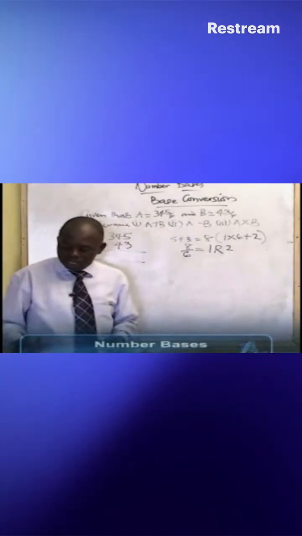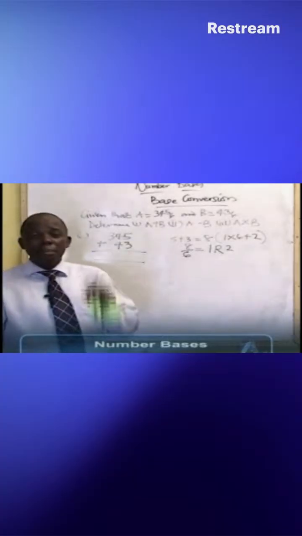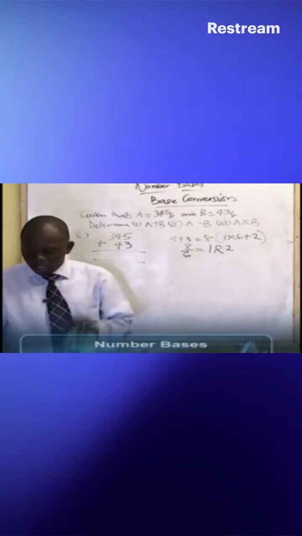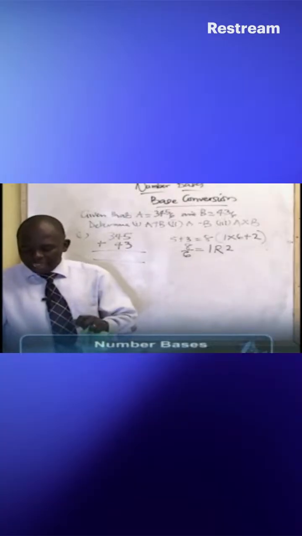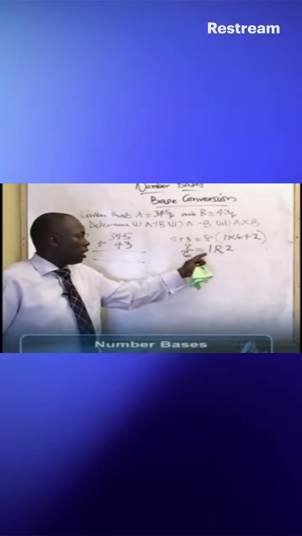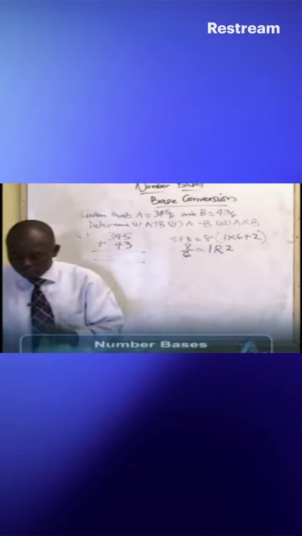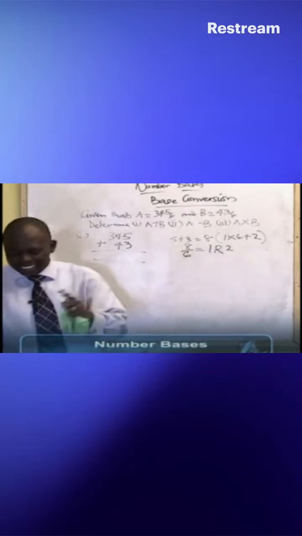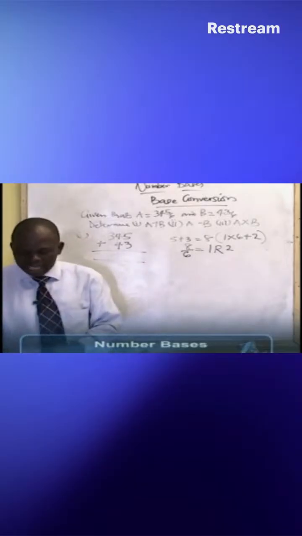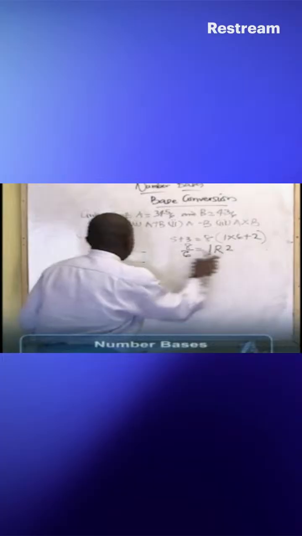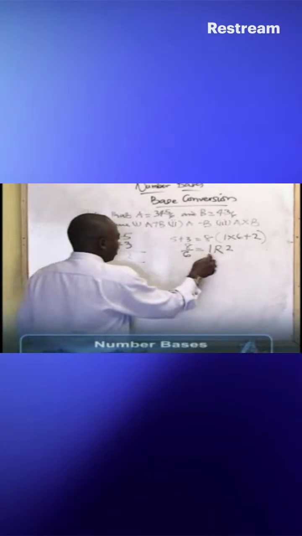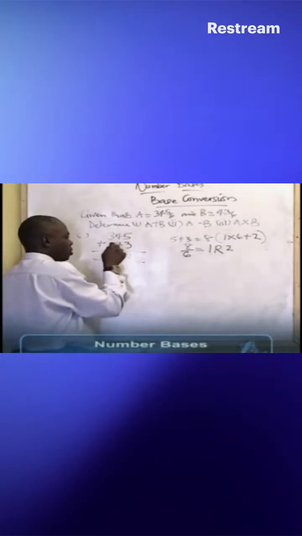After you've done that, you will write only the remainder and you will carry this 1. The answer of the division, which is 1, is what you will add to the next action you're carrying out. Like in this case, we got 2 as a remainder. You put the 2 here and then you add this 1 to the next numbers you want to add together.